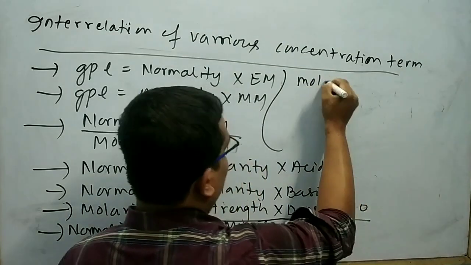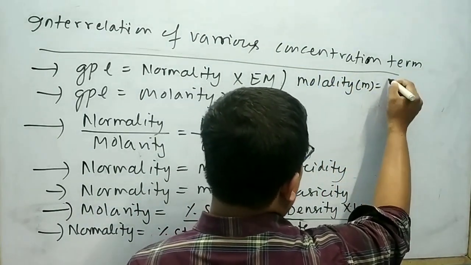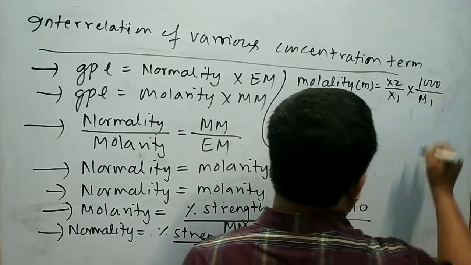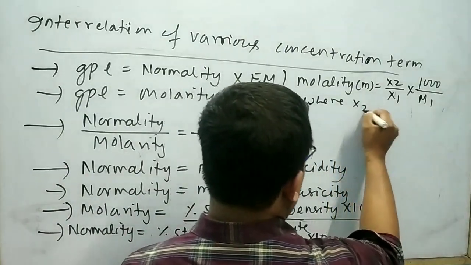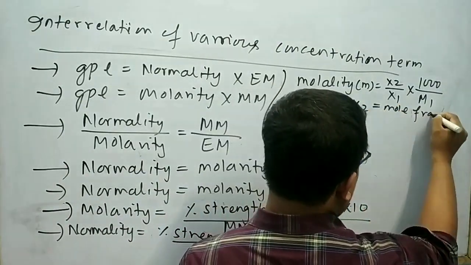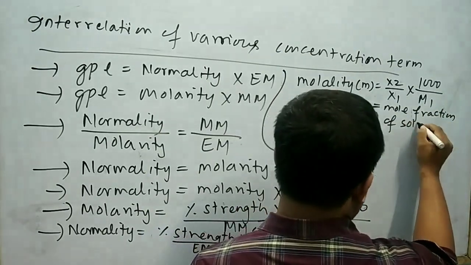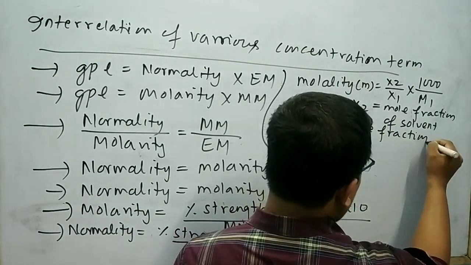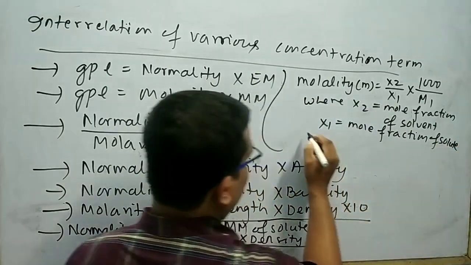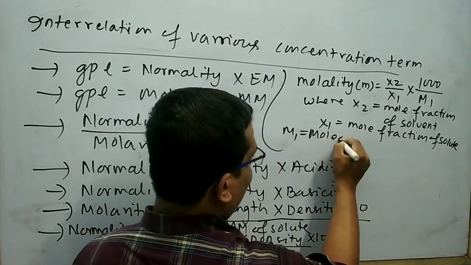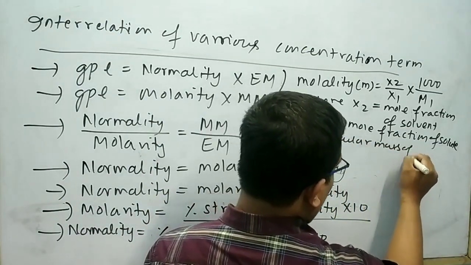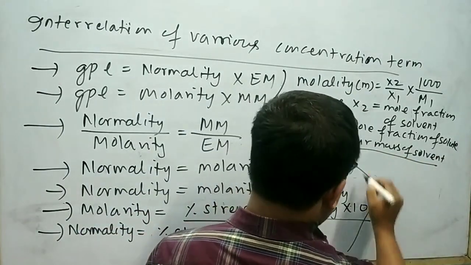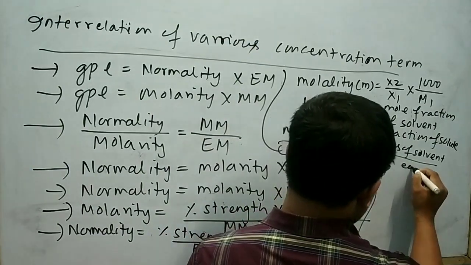Next formula is your molality small m equal to x2 by x1 into 1000 by m1, where x2 equal to mole fraction of solvent, x1 equal to mole fraction of solute, m1 equal to molecular mass of solvent.